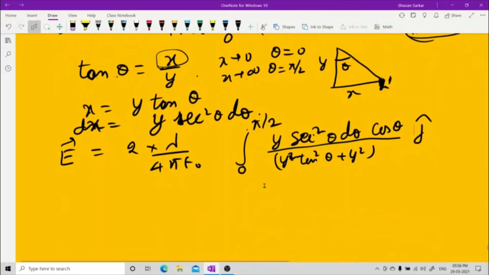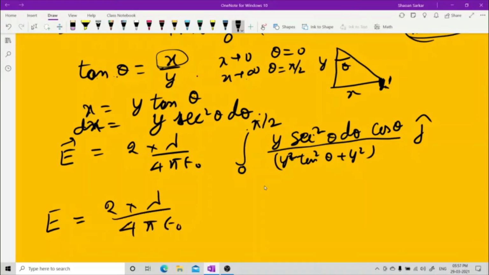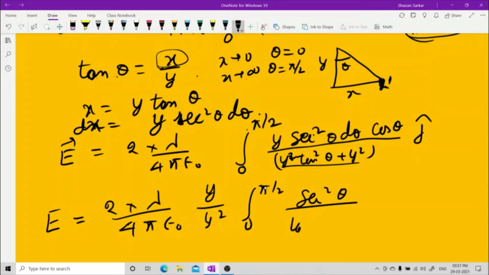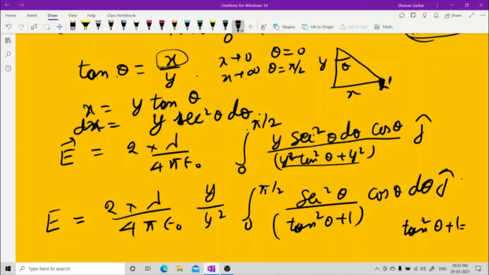So E is equal to 2 into lambda by 4 pi epsilon naught, and then you have the integral from 0 to pi by 2 of sec square theta upon tan square theta plus 1 into cos theta d theta j cap. Now tan square theta plus 1 is sec square theta, as you already know. Wait a minute, let me write it with some more space.